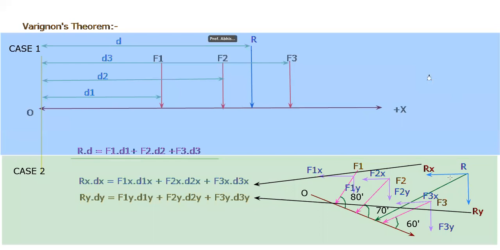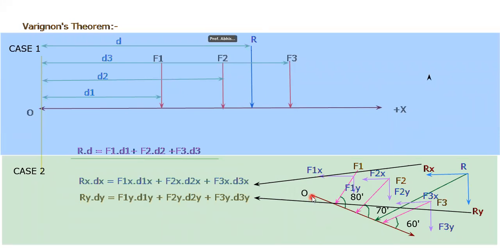Okay, now how you will get the d1x and d2x and d3x, that will be the question from your side, right? How we can get the d1x, d2x, d3x and d1y, d2y and d3y. So I will show you in this diagram that for f1x, all the distances we are going to take from the point at which you want to calculate the moment.